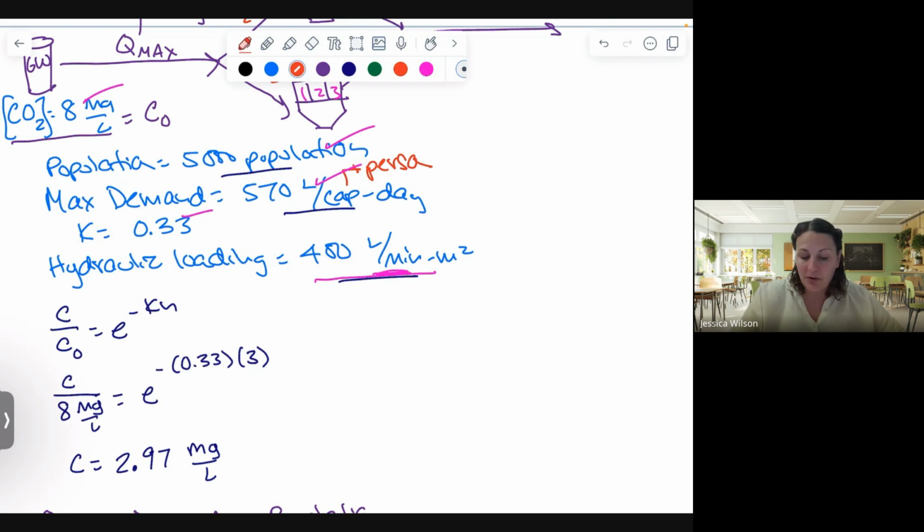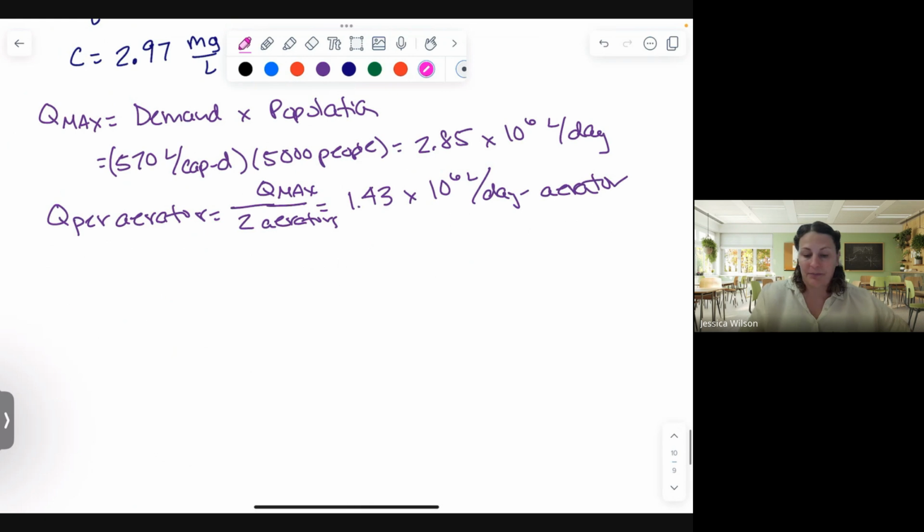So our hydraulic loading, we'll call that QL, and that's just equal to our flow divided by the area. So this is very useful information for us because we need to know the area. If we know our flow, which we do, we just figured it out per aerator, we know the hydraulic loading, we can easily solve for the area. Okay, so let's do that now.